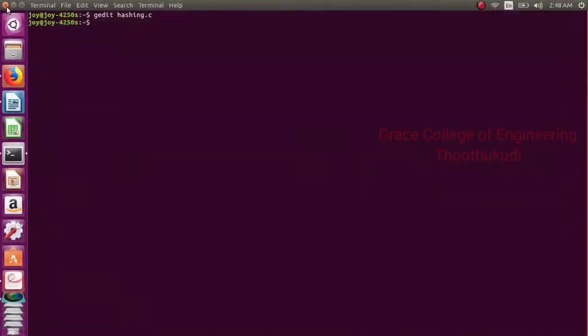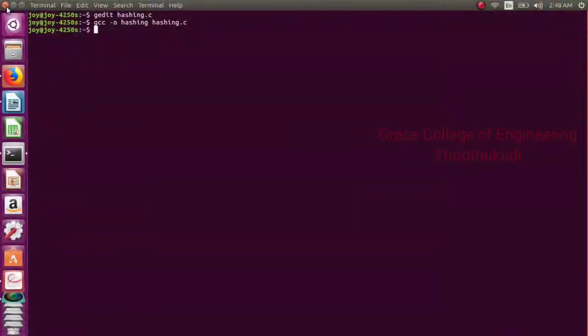Then compile the program by using the command gcc -o, where the executable file name is hashing and the program name is hashing.c. Run the program by ./hashing.